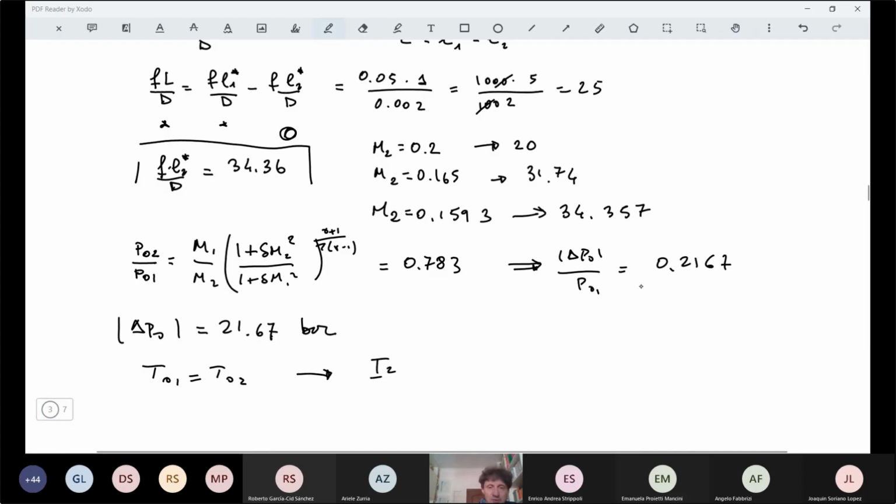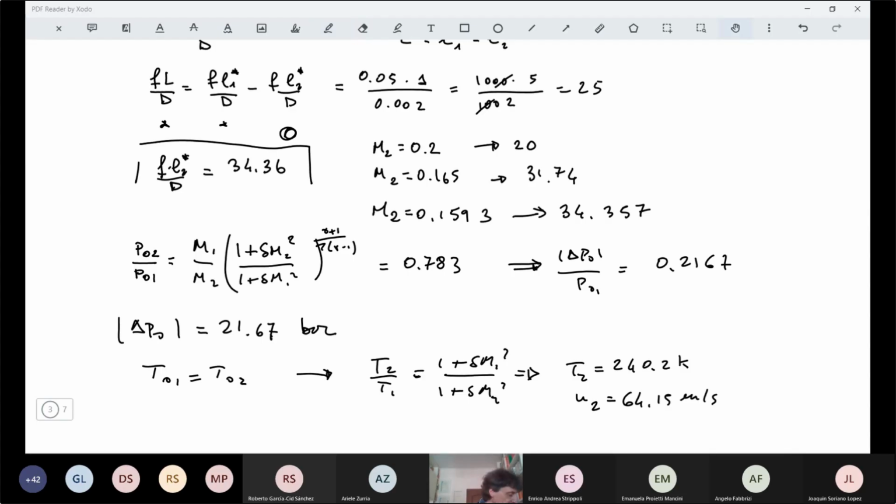T2 over T1 will be 1 plus delta M1 squared over 1 plus delta M2 squared, and you get your temperature T2 will be slightly less than the initial one because of the acceleration, and so we can also calculate the speed of sound and exit velocity, which has been increased to 64.15 meters per second.